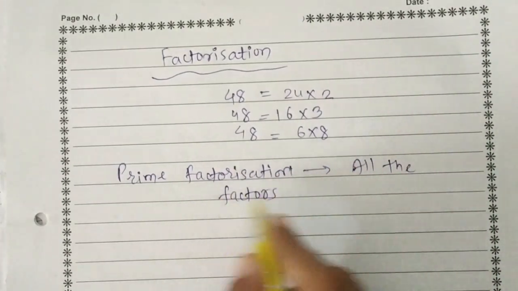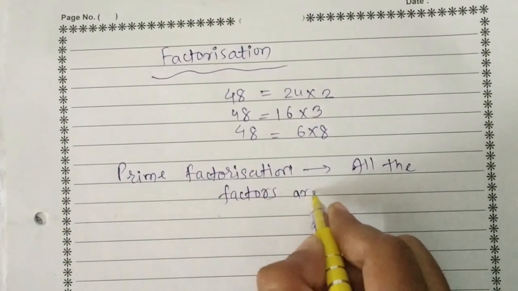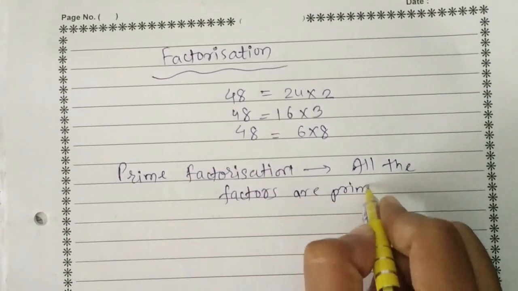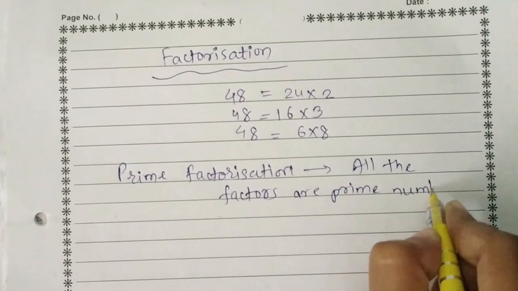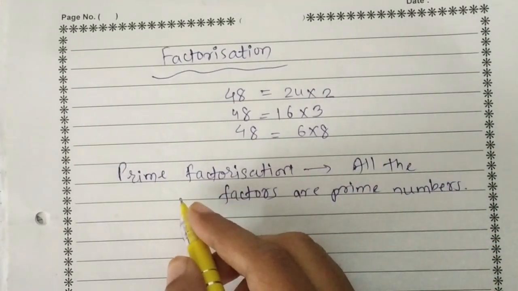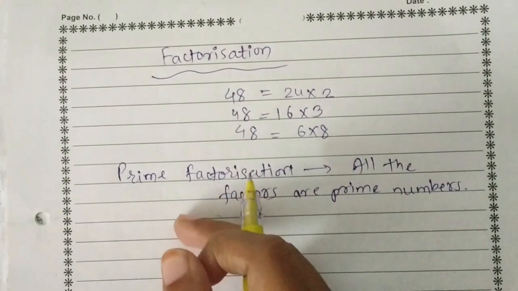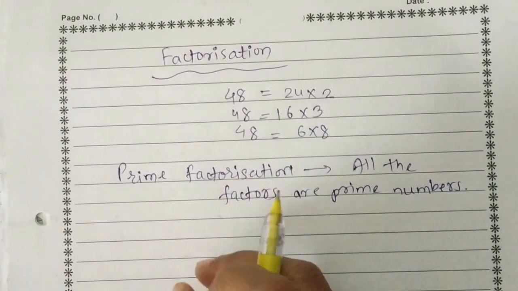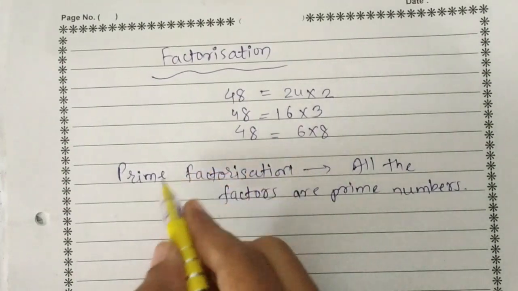As the name itself suggests, all the factors are prime numbers. And I can do this by creating a prime factorization tree, or you can say a factor tree.